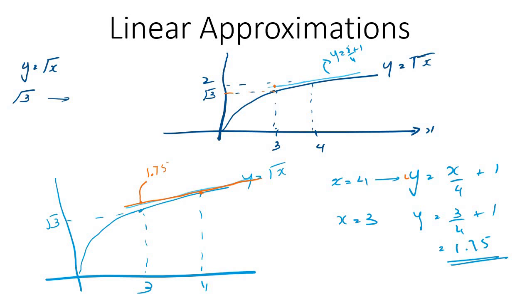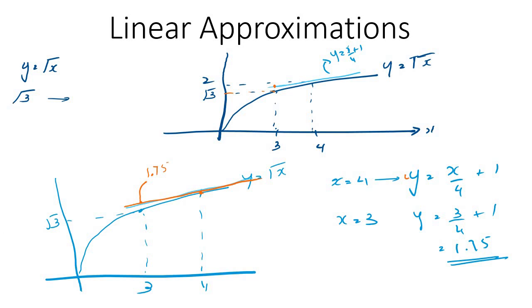Now, we didn't need a calculator to get the value of this. All we needed was to derive the tangent line and substitute x equals 3. So that is considered a better, approximate way to get values like square root of 3.